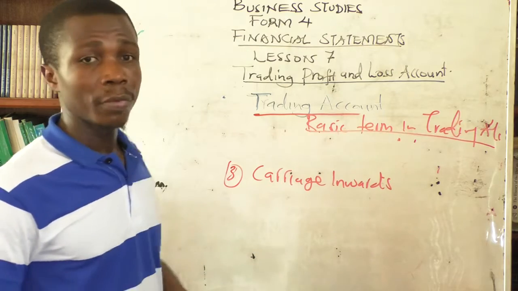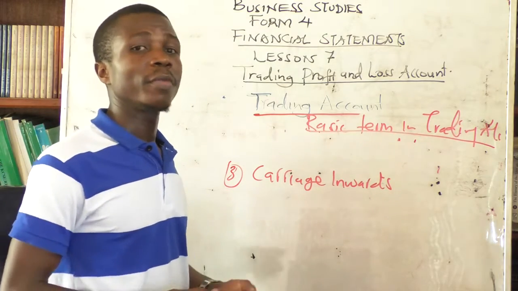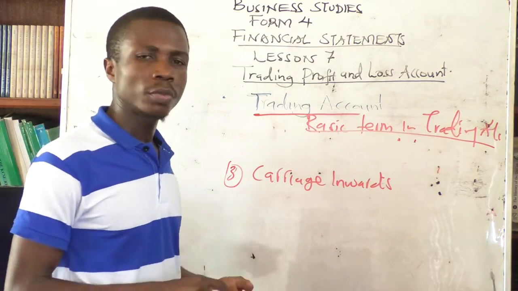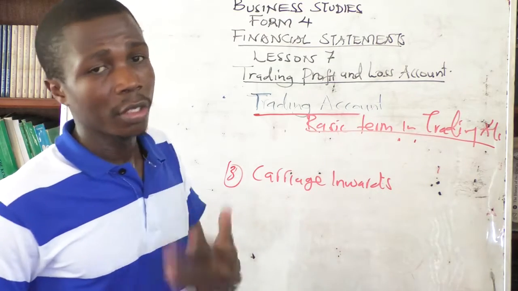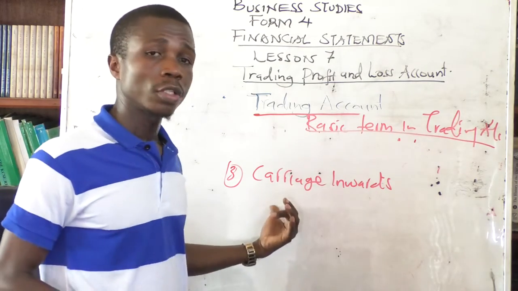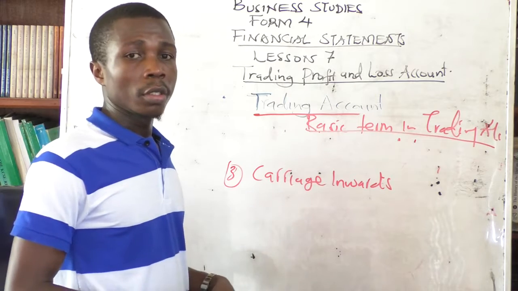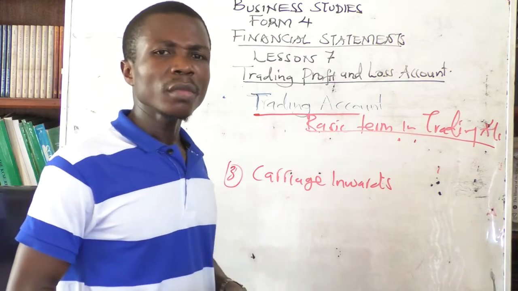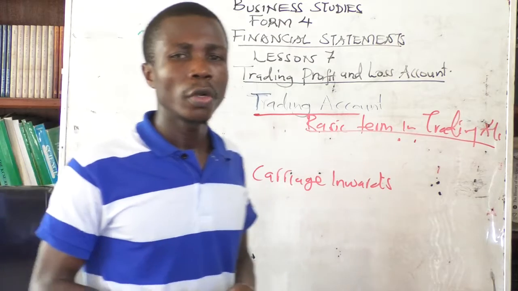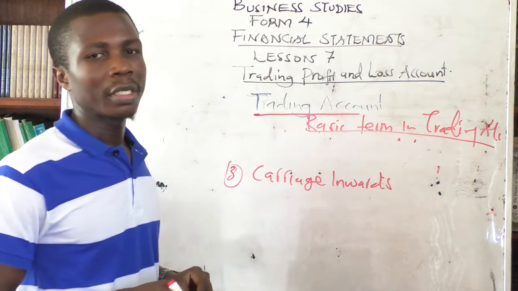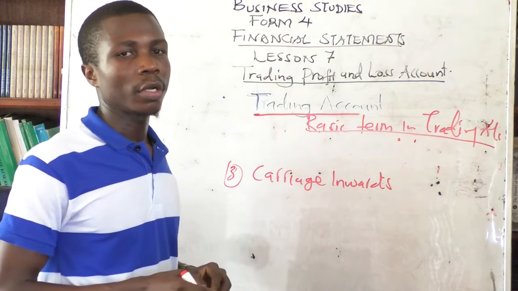Let's say the car was 5 million and you used maybe 10,000 or 20,000 to transport it to Nairobi. That 20,000 is added to the total or original cost of the purchase. The other name is also known as carriage on sale.